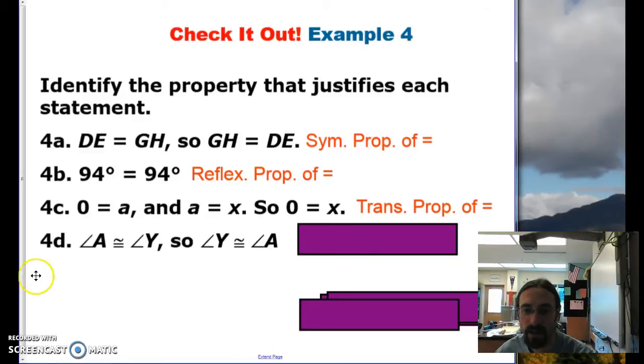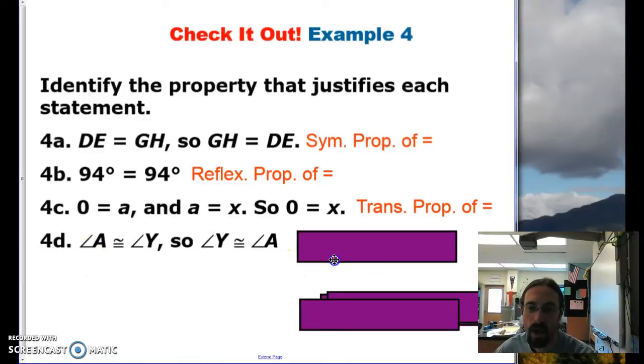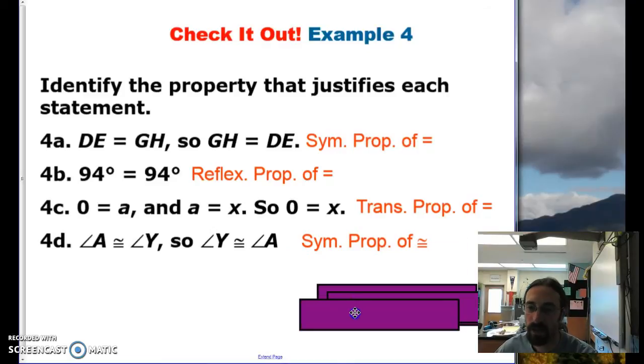And finally here, this transitive property, A equals 0 and A equals X, so you're gonna skip a step. Syllogism, 0 equals X. The last one here, again, angle A is congruent to Y, so Y is congruent to A. That, of course, is symmetry. One being congruent to the other, so the other is congruent to the original.